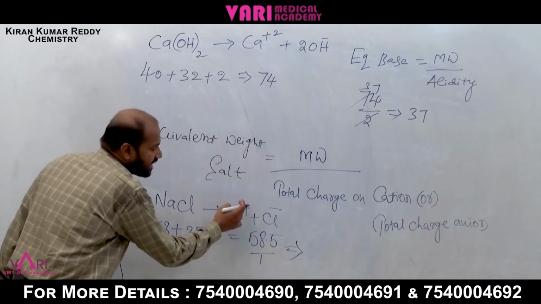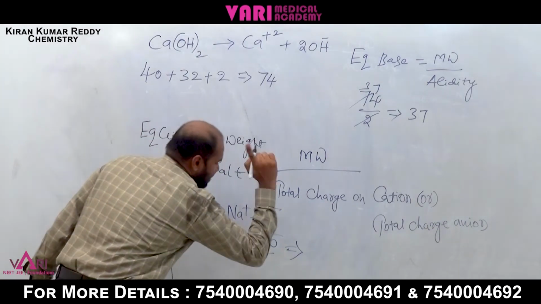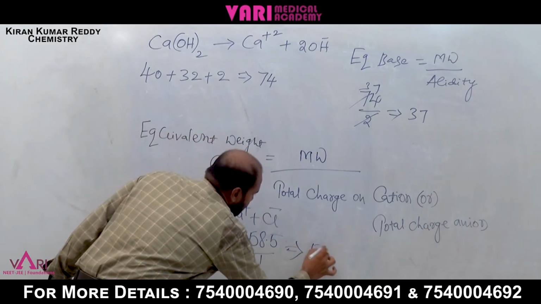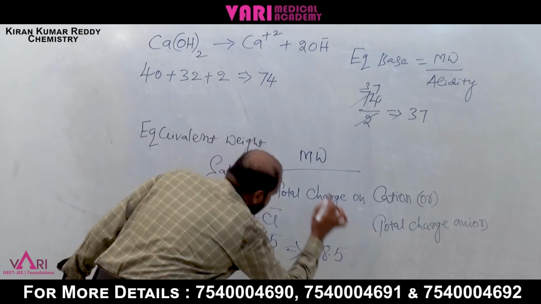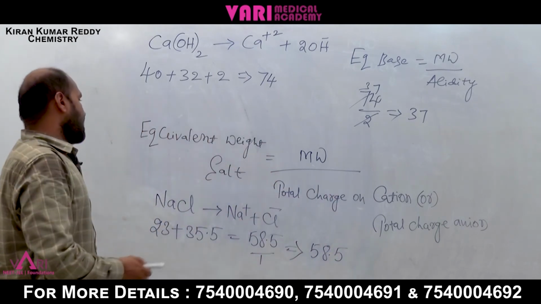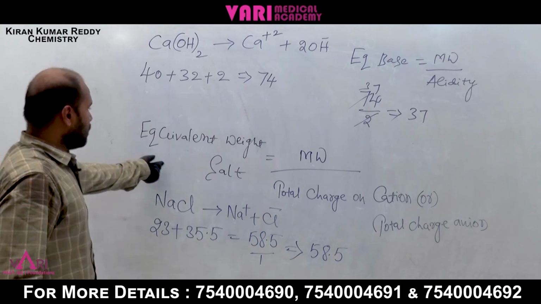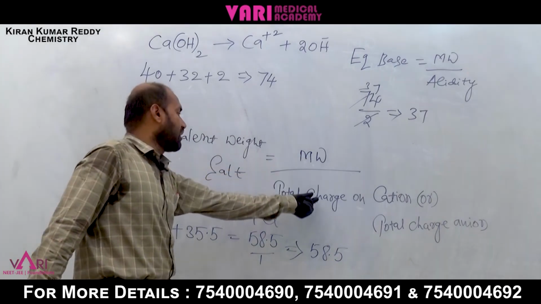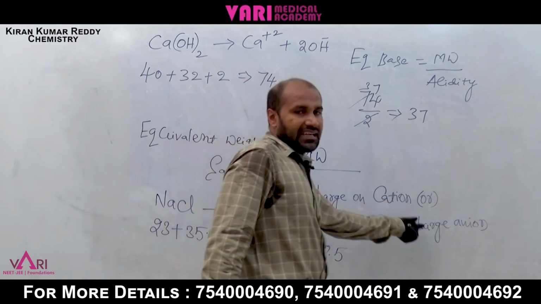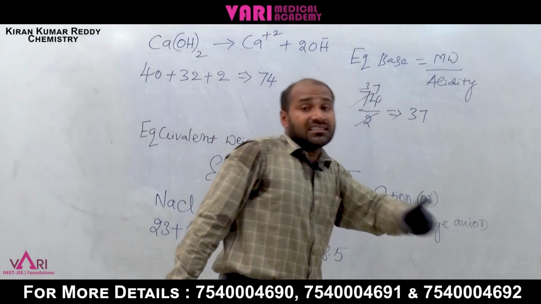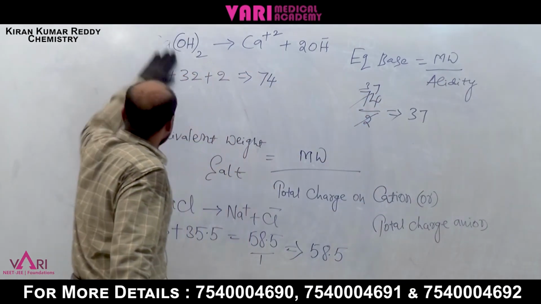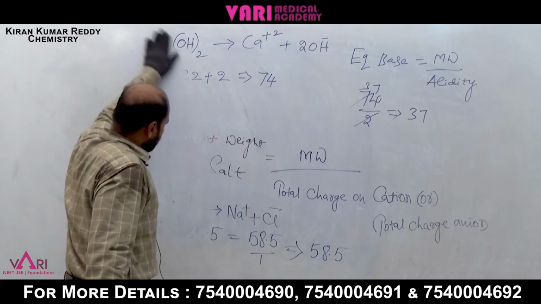Total charge on cation is plus 1 only. That's why we take 58.5. This is the equivalent weight of salt, calculated using the formula molecular weight by total charge on cation or total charge on anion.